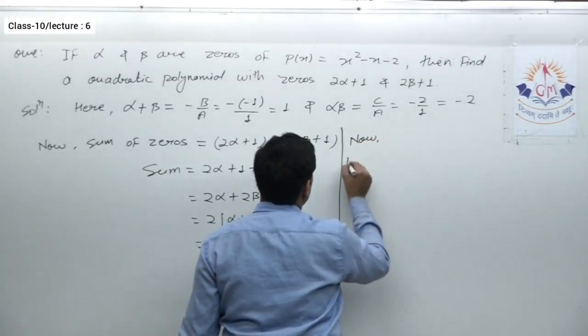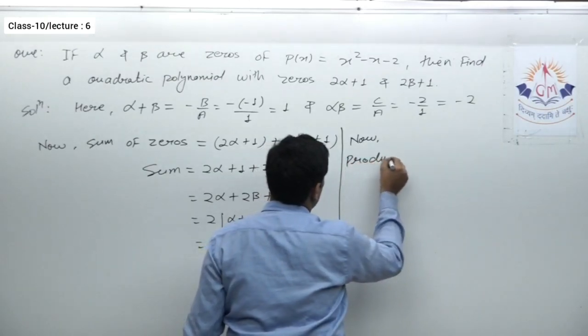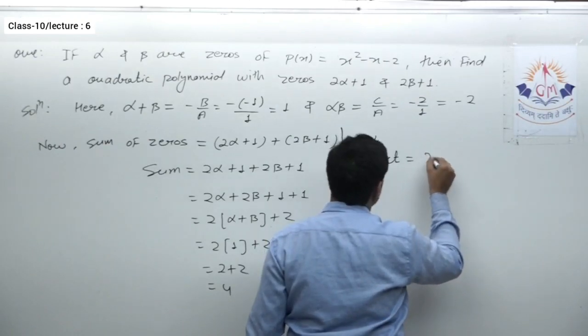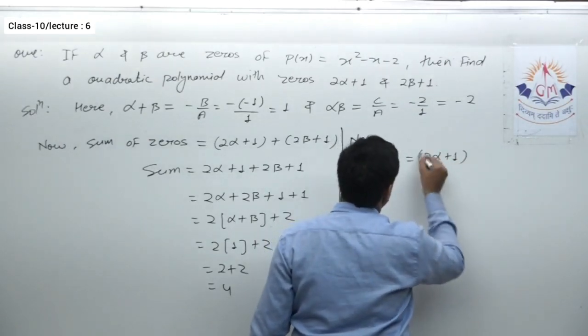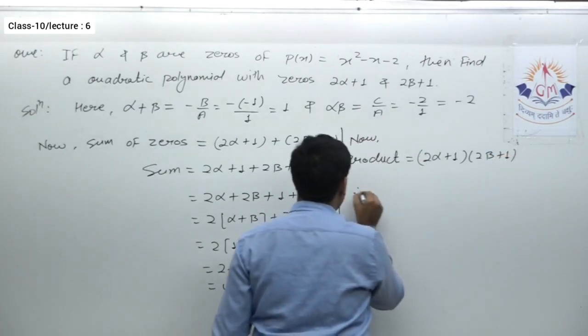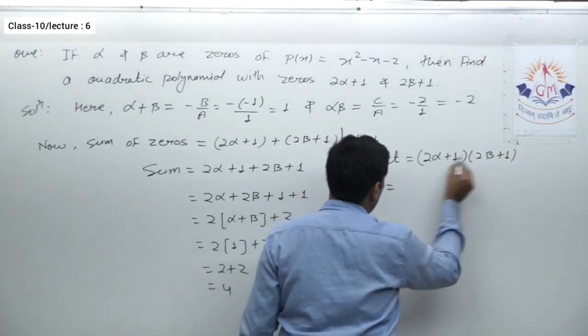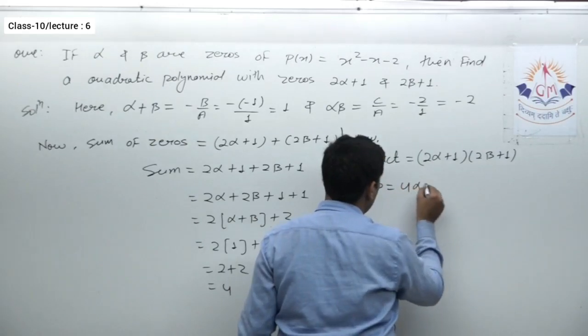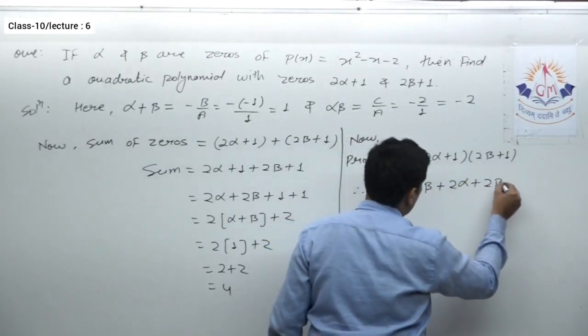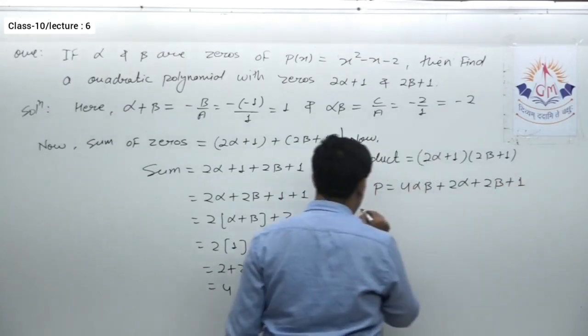Now the product of zeros is equal to (2 alpha plus 1) into (2 beta plus 1). Therefore the product is 2 alpha into 2 beta, that is 4 alpha beta, plus 2 alpha plus 2 beta plus 1.